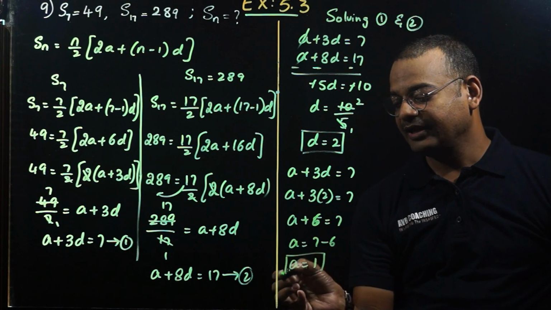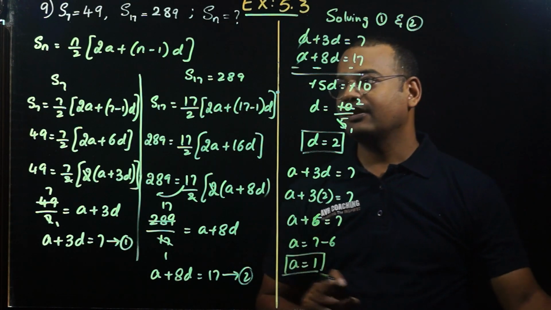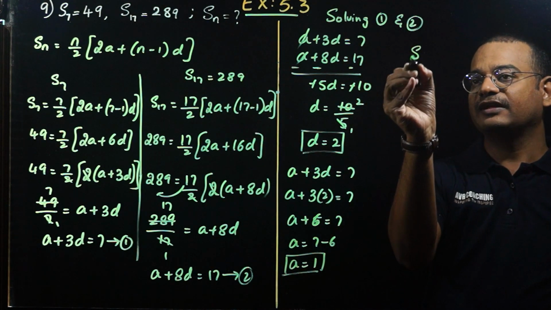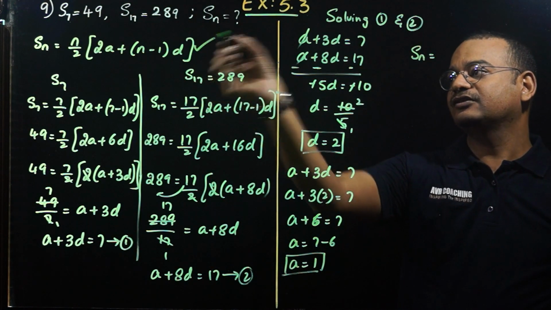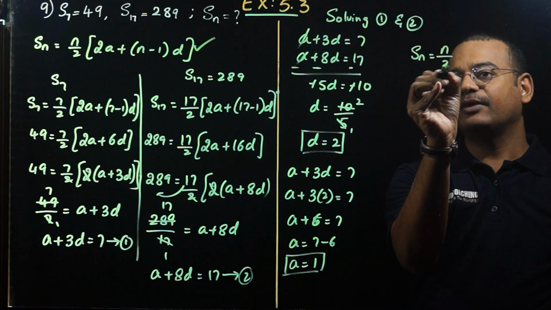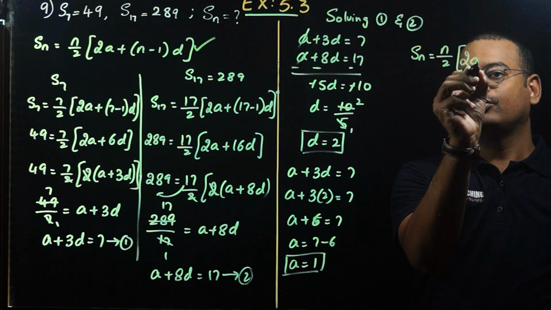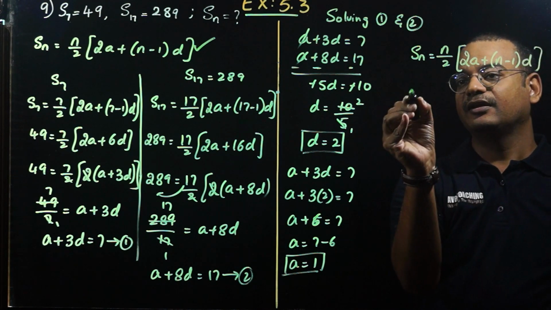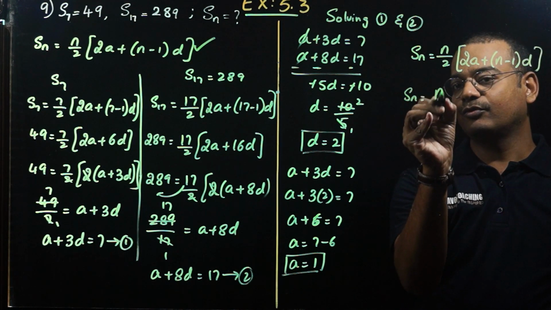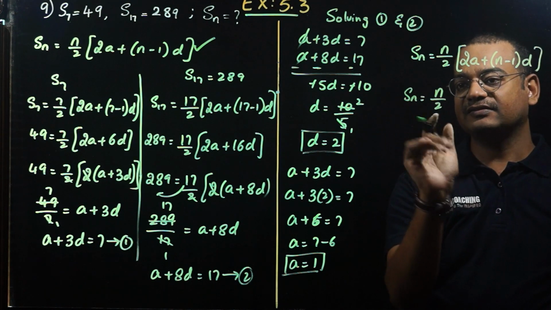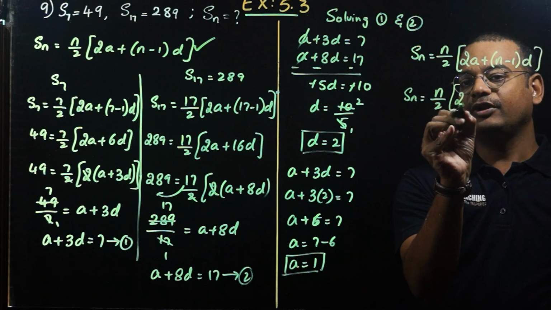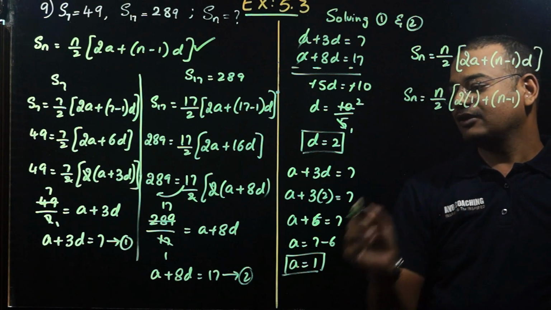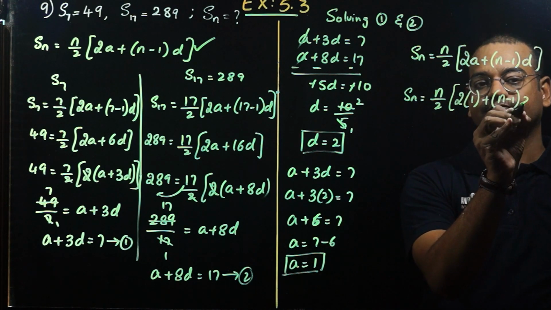Now we have the a value and d value, and we have to find Sn. So using the formula, again Sn is equal to n by 2 into 2a plus n minus 1 into d. We don't have n, so we are just finding the sum of n terms. 2 into a value, which is 1, and d value is 2.